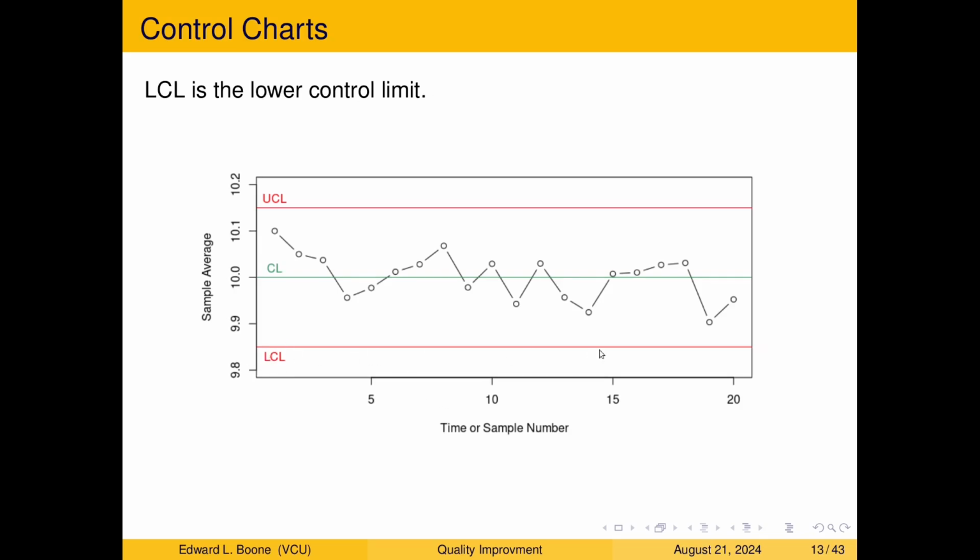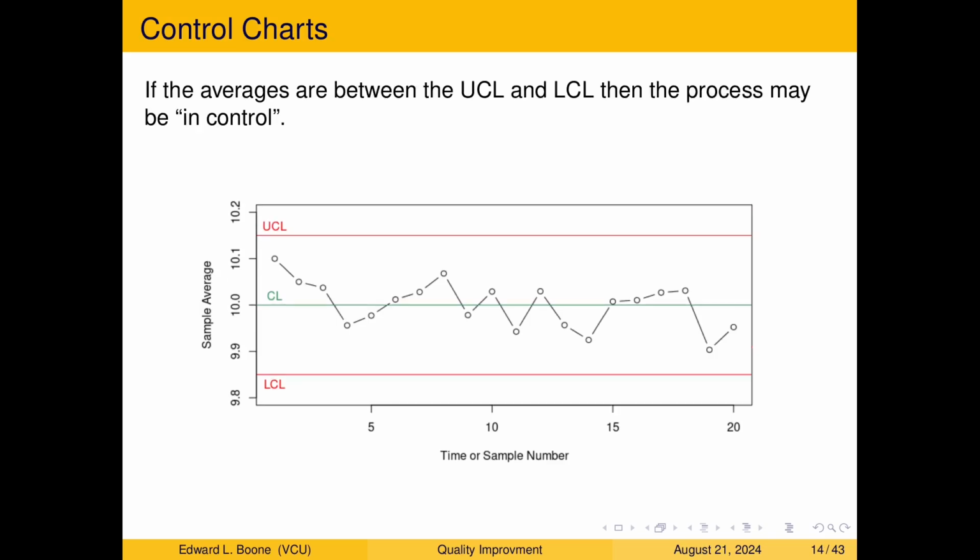The lower control limit says as long as the average is bigger than this, then I know that the parts these samples came from are acceptable and will still be fit for use in any subsequent process. So there are limits on these, and we're going to try to stay within the limits.